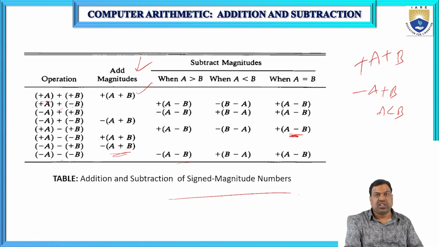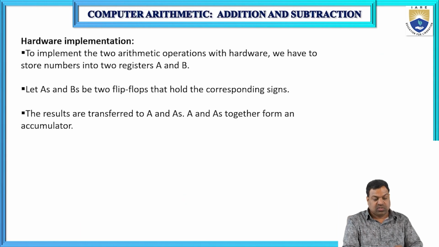In the subtraction, there are three conditions. Is it A less than B or A greater than B or A equal to B? So hardware implementation of these arithmetic operations. To implement the arithmetic operations with the hardware, we have to store the numbers in two registers A and B, and As and Bs are the two flip-flops that hold the corresponding signs.